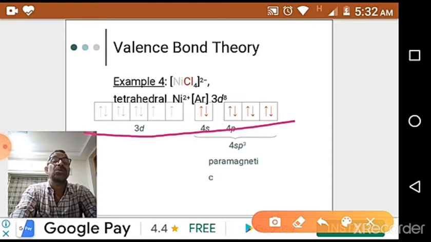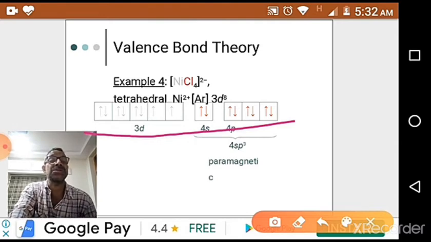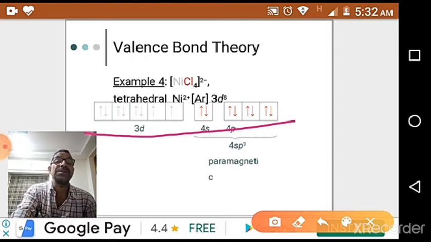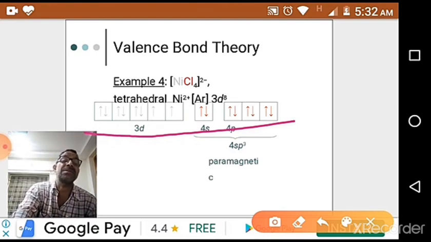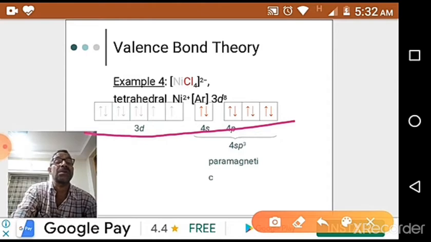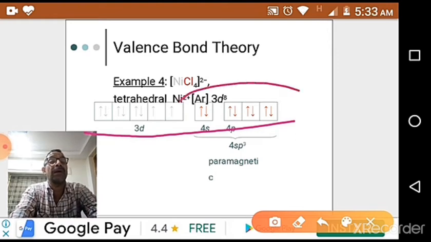In this complex, nickel is exhibiting a +2 charge. So 4s2 3d8 in the +2 state becomes 4s0 3d8. That means it has 8 d electrons, in which 2 electrons are unpaired and 3 pairs are paired. The 4s and 4p orbitals are vacant.